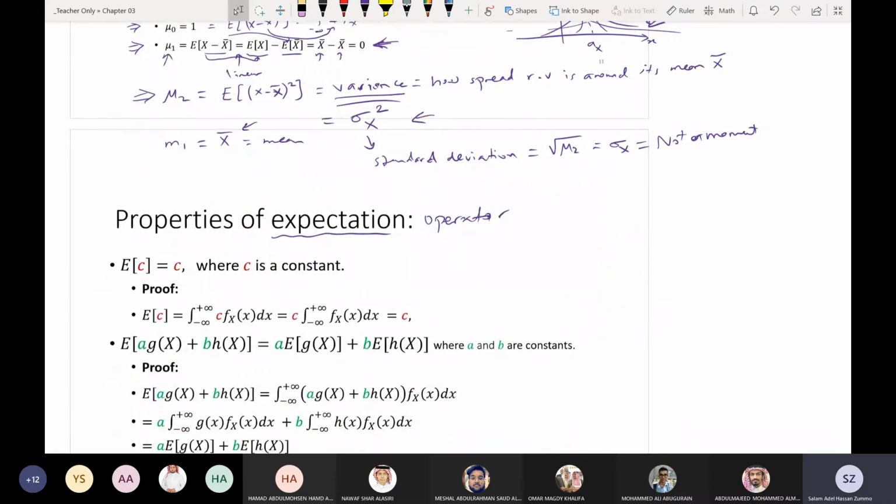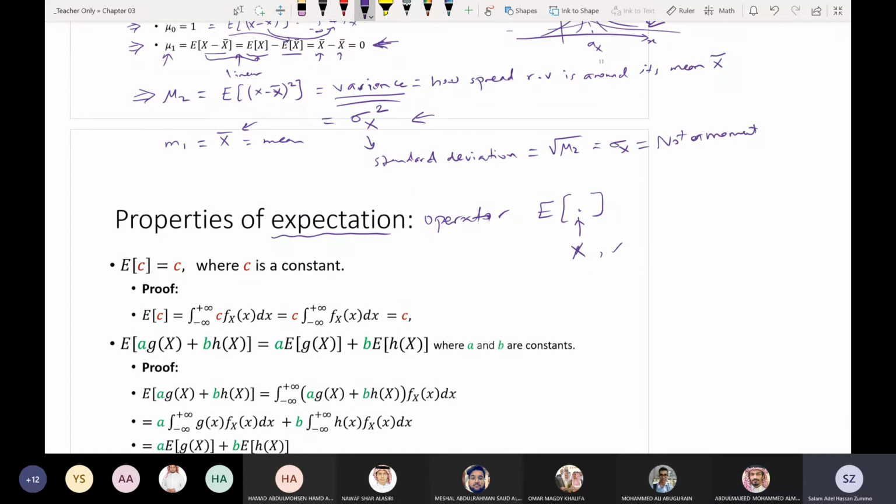Now, the expectation operator, if you remember, was E of whatever inside. If this is equal to x, what does E of x give you? Expectation of x, which is the average.